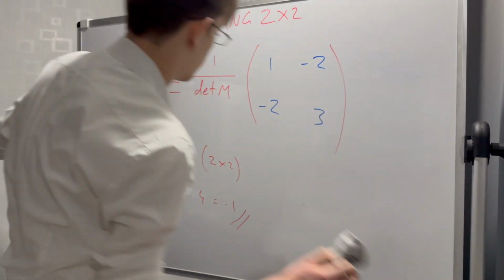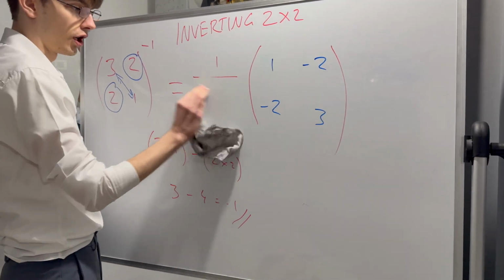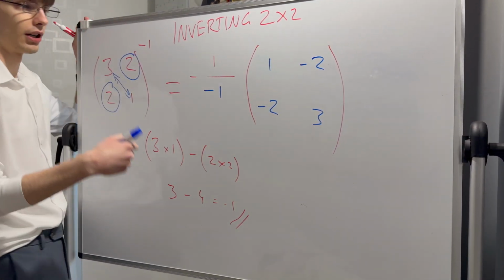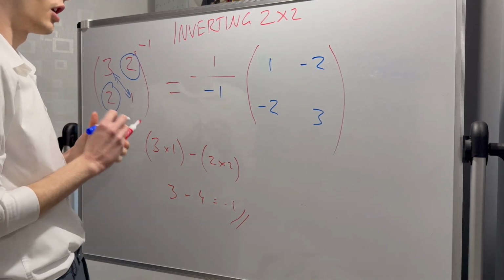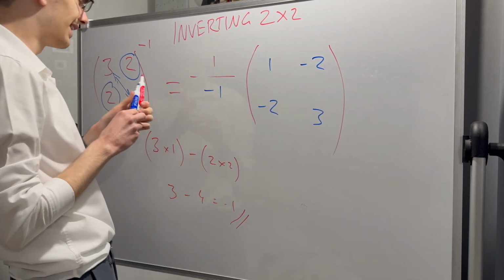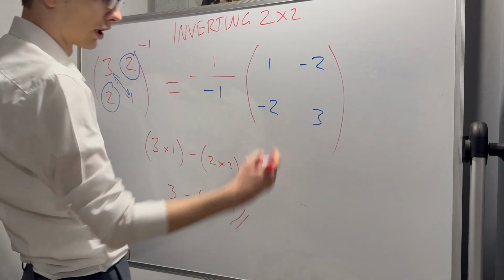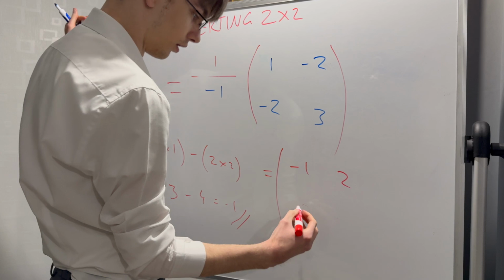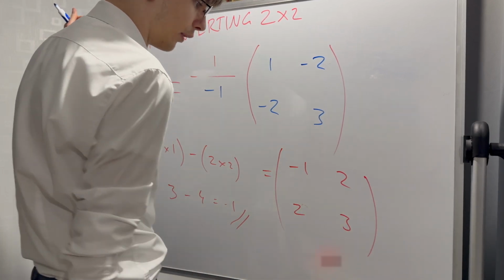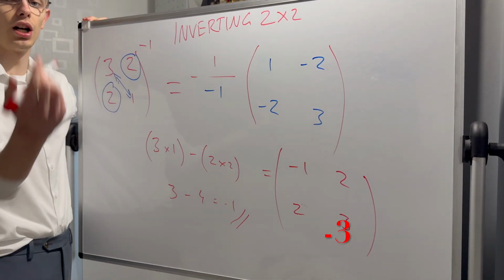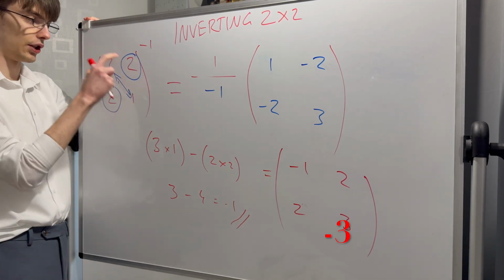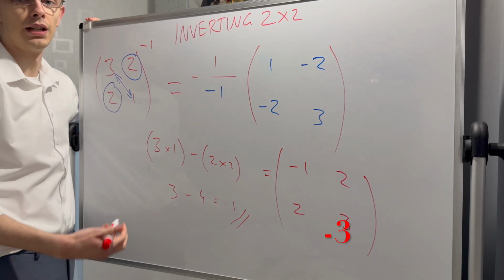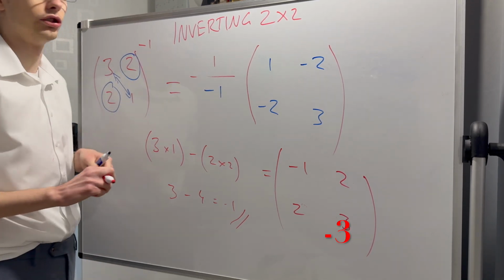So if I pop all this into my formula, my determinant is -1. 1 divided by -1 is just -1. And I end up with the fact that my inverted matrix simply becomes this thing times -1, which is -1, 2, 2, -3, which is the same thing that I got earlier, and I've already proven that the original matrix times this gets you the identity. So this is how you invert a 2 by 2 matrix.